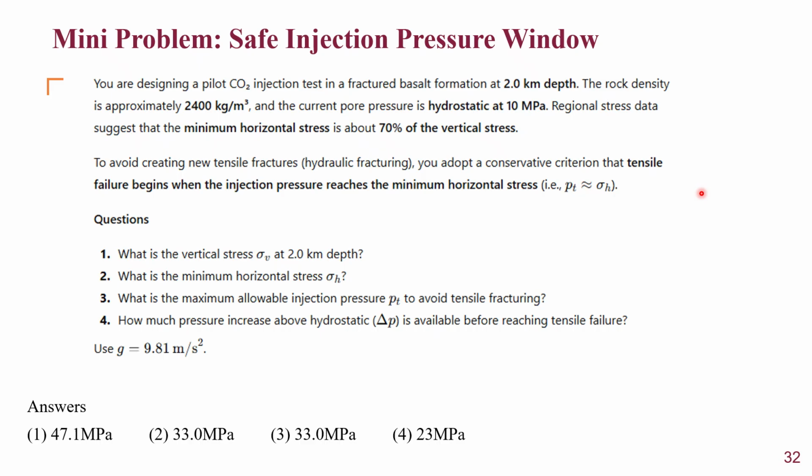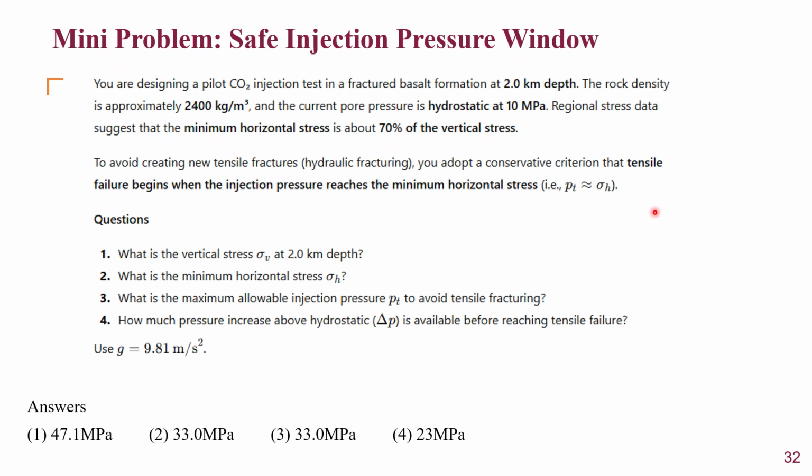To avoid creating new tensile fractures, hydraulic fractures, you adopt a conservative criterion that tensile failure begins when the injection pressure meets the minimum horizontal stress, which is a very safe and very conventional assumption made in field scale applications.